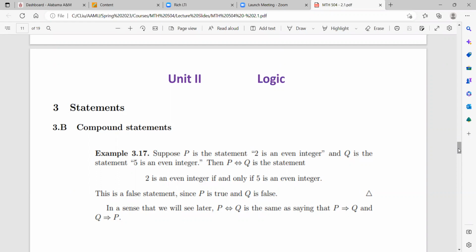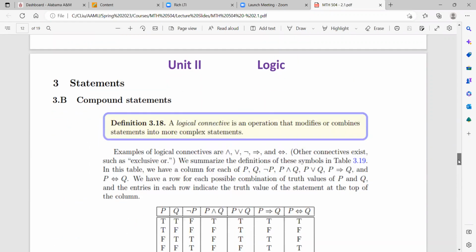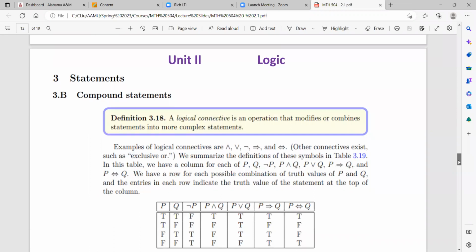When we mean two statements are equivalent, we use if and only if.